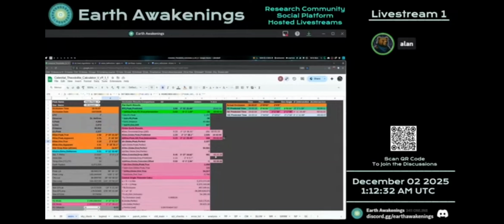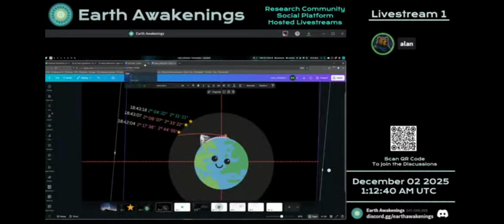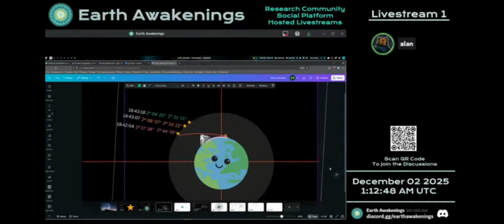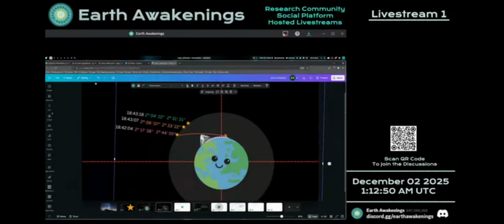Based on how fast the stars vertically drop in the sky, we know how long it's going to take to traverse that 27 arc minutes. So if we were to get in Stellarium and rewind this by 2 minutes and 29 seconds, the angle would be about right here, and then 2 minutes, 29 seconds would pass by.